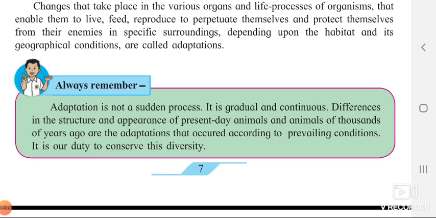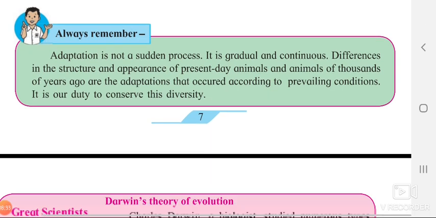But as the days pass, we easily get adjusted with the family members, with their children, with their equipment, and we try to use it as if it is our own place. In this same way animals also, earlier animals and today's animals, you can see there will be slight changes in them. Yes, this is because of the adaptation process, and it is our duty to conserve this diversity, to conserve this variety which is present in our surrounding.